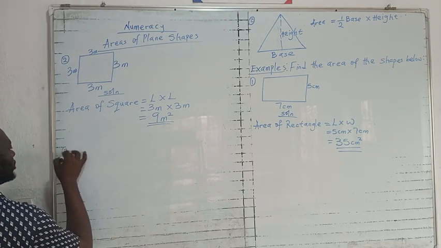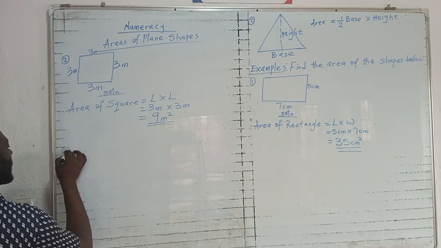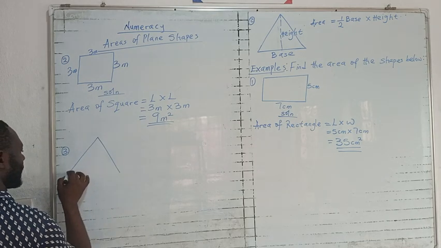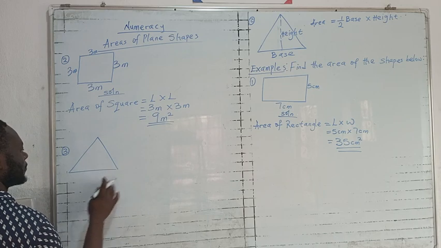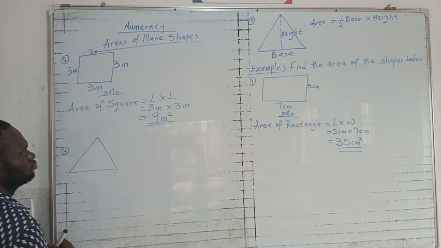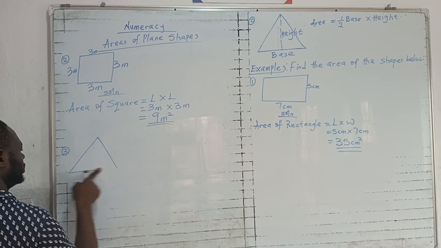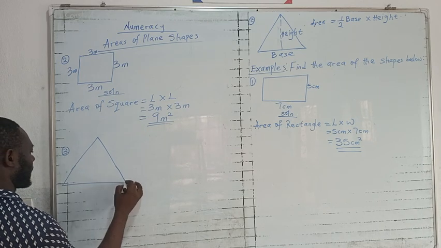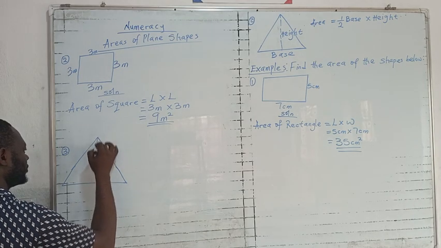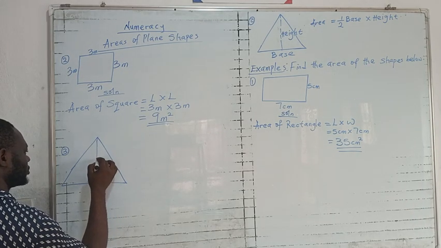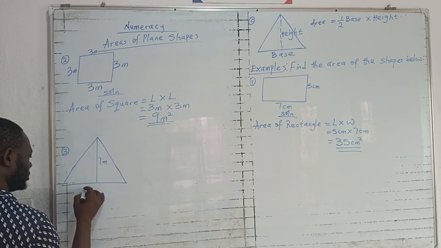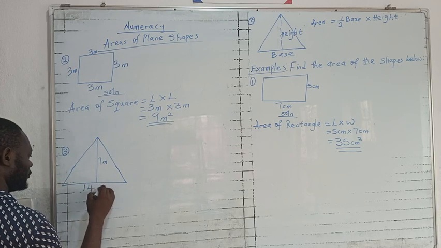Okay, let's look at number 3. Let's say here we have a triangle. Now the height of the triangle is 7 meters, while the base is 14 meters.